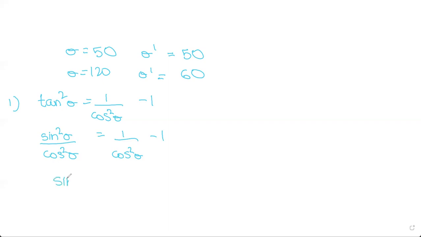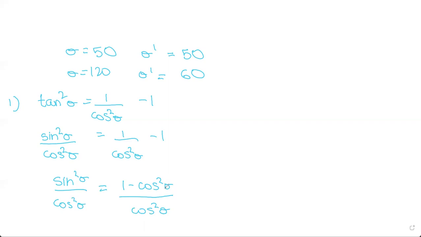Now if we move this to the other side, first we can do LCM on this side. So we do sine square theta divided by cos square theta equals 1 minus cos square theta divided by cos square theta. And what is 1 minus cos square theta? We know that sine square theta plus cos square theta is 1. So this is also sine square theta.